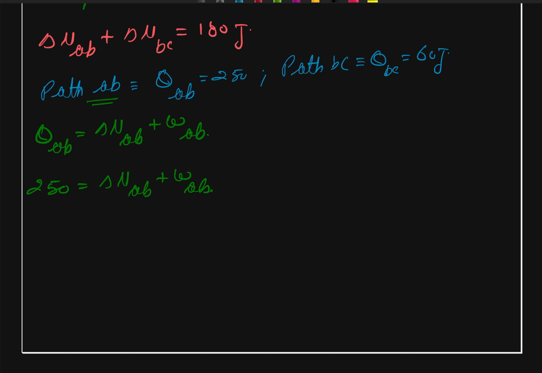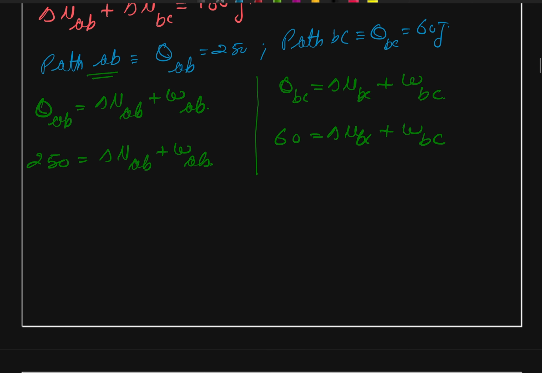And for path BC, we can write QBC is equal to delta UBC plus work done for BC. And QBC is 60, so this comes as 60 is equal to delta UBC plus WBC.